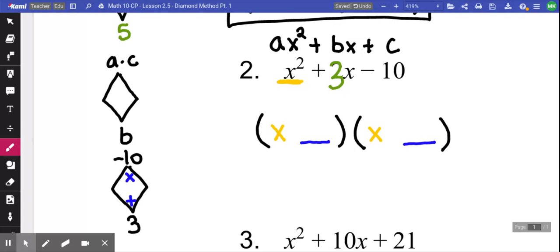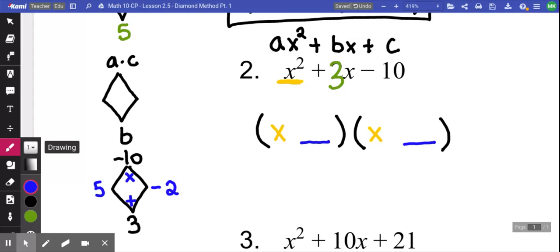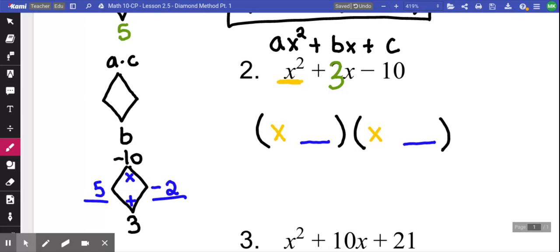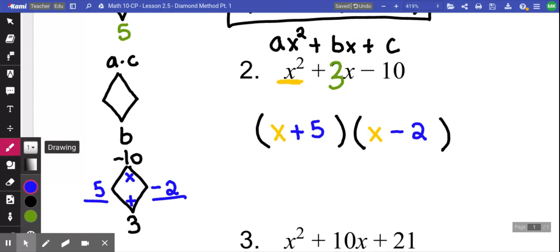Two numbers that would multiply to be negative 10 would be negative 5 or positive 5 and negative 2. Those two numbers multiply to be the top of the diamond, add to be the bottom. These numbers are the second terms in your binomials. And I have successfully taken a trinomial and I've written it as multiplication. So I have factored it.